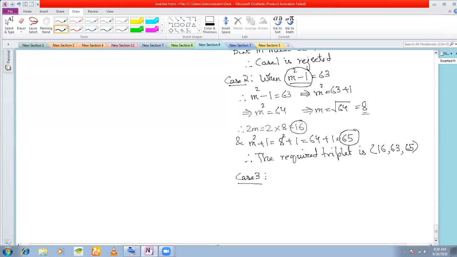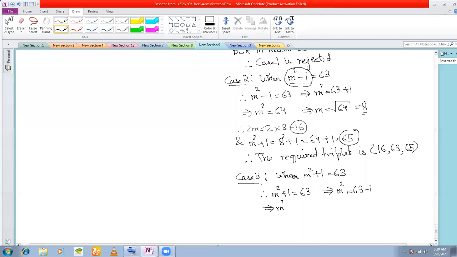Case 3. Although we have got the triplet, we still look at case 3 whether we can find another triplet. So when m square plus 1 is equal to 63, m square plus 1 is equal to 63 means m square is equal to 63 minus 1.